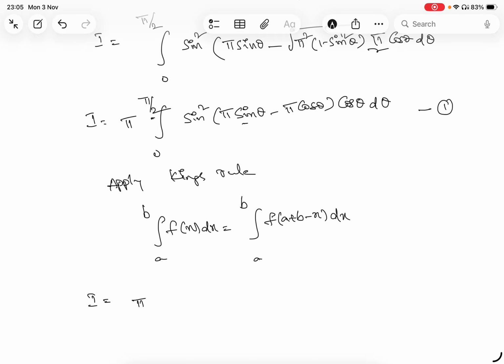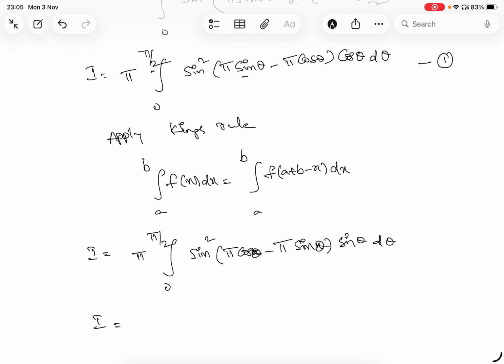Then this will be integral 0 to pi by 2 sine square of pi sin of (pi by 2 minus theta), which is cos theta, minus pi cos of (90 minus theta), which is sin theta, d theta.